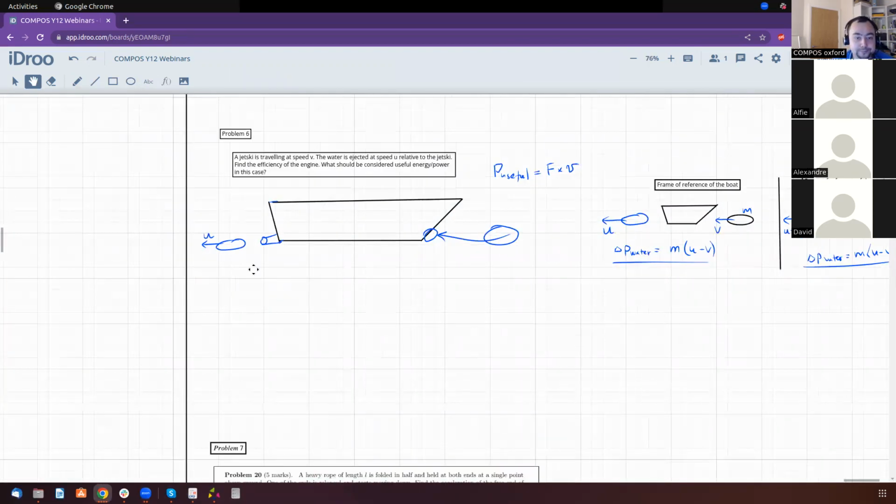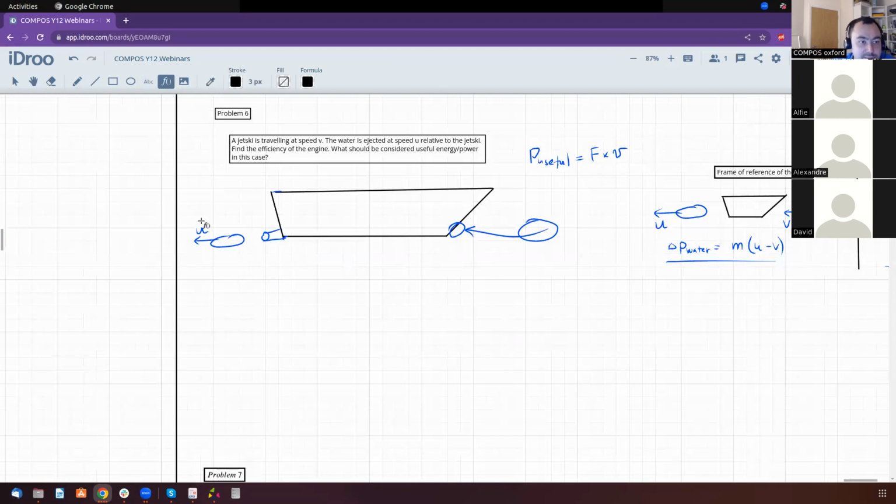Right. So the impulse delivered by the engine is equal to force multiplied by time.